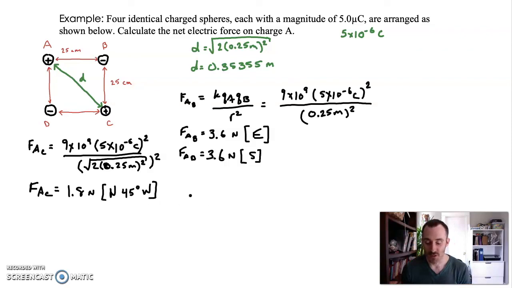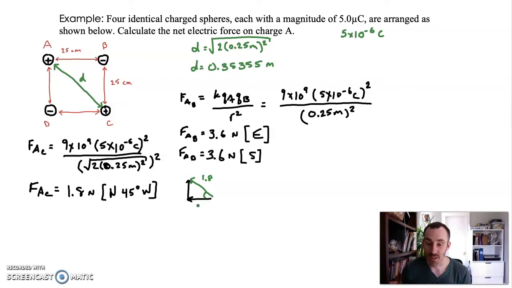Okay, and when I do that, I get a north component and a west component, like that. This was my 1.8. Okay, and I know that this is 45 degrees.